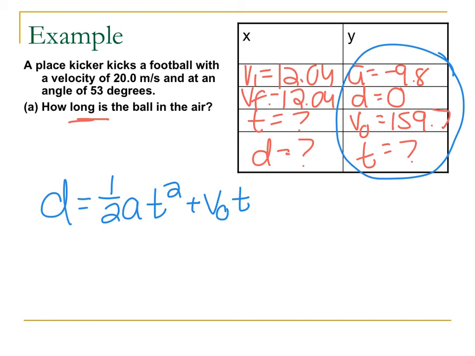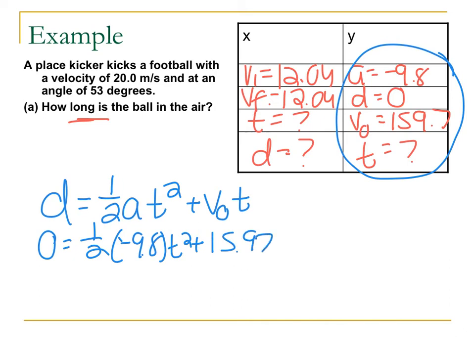Solving these problems is going to be a little bit different this time, so make sure you're really paying attention to the math that I'm going to do here. Let's plug in our numbers. Okay, so as you can see, I have two t's in this problem, t squared and t. Let's take out a t from both of these.